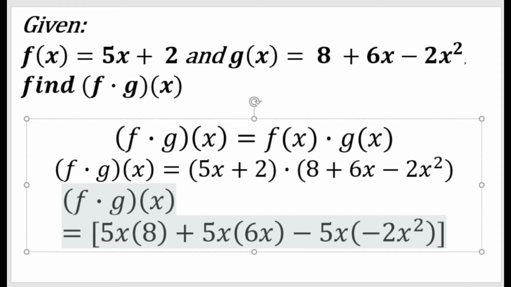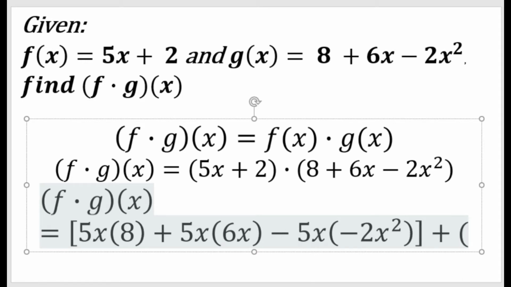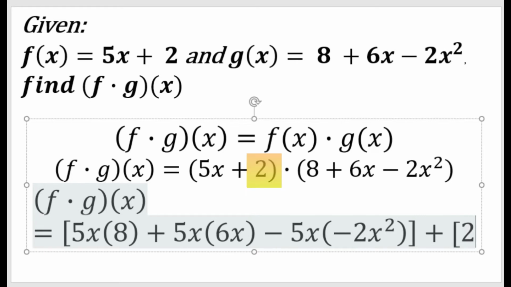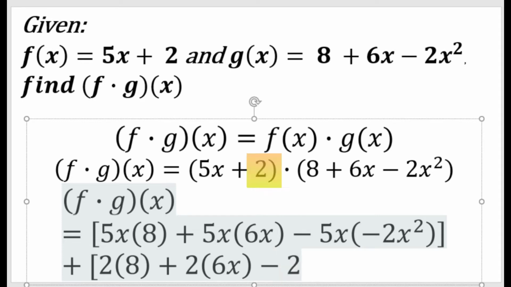Okay, and then plus 2 times 8 plus 2 times 6x minus 2 times 2x squared.